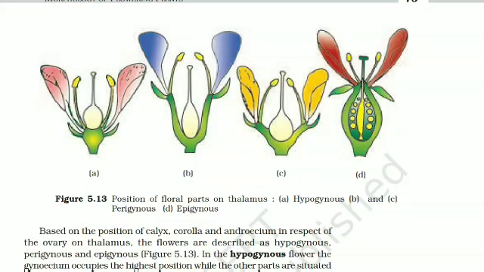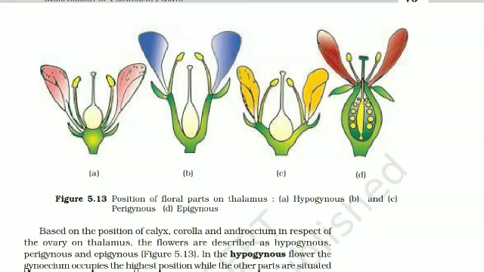Hence, the ovary is said to be inferior, as in flowers of guava and cucumber, and the ray florets of sunflower. So, these are the different types of flowers, classified on the basis of the position of the floral parts on the thalamus.